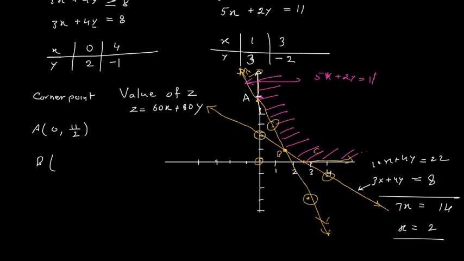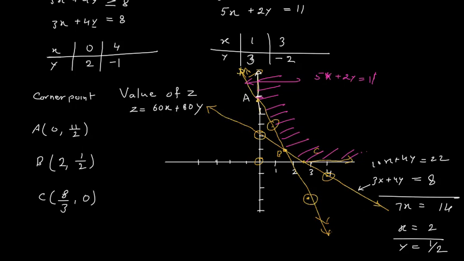So y is half. X is 2, y is half. So the coordinate of point B is (2, 1/2). And for the coordinate of point C, for the line 3x plus 4y equals 8, when I put y equals 0, I get x as 8 upon 3. So x is 8 upon 3, y is 0. So these are the corner points.